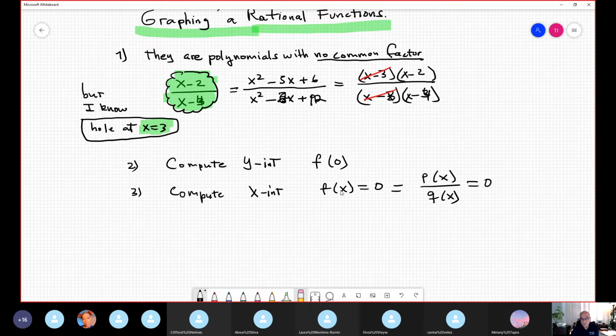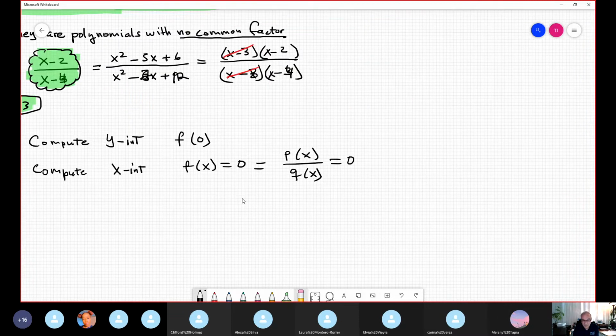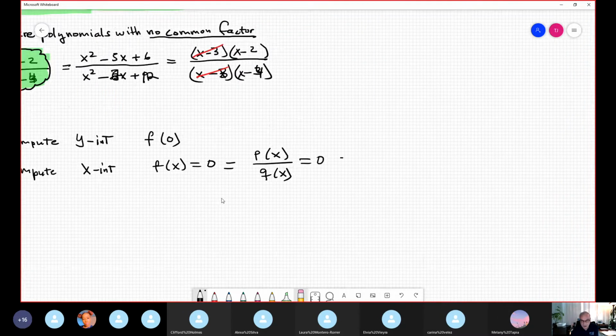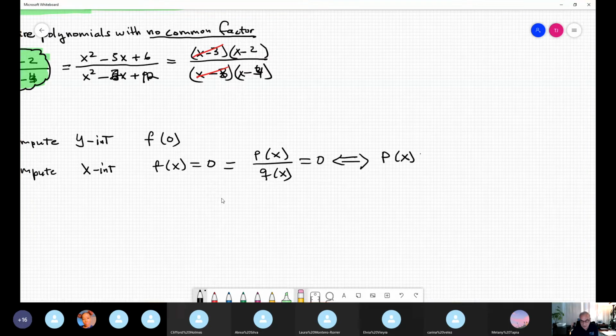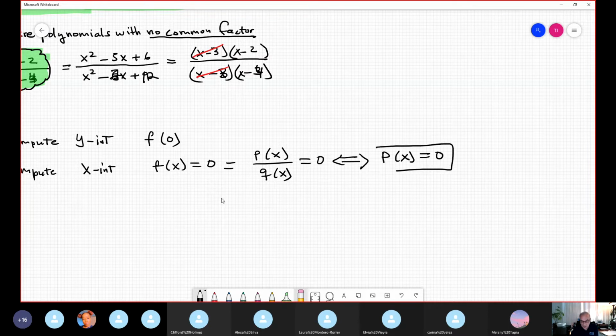And when it's equal to 0, it's because the top part is 0. This is equivalent to saying P of X is 0. I don't care about that part, it's totally irrelevant in the problem, because you know 0 divided by anything is 0.